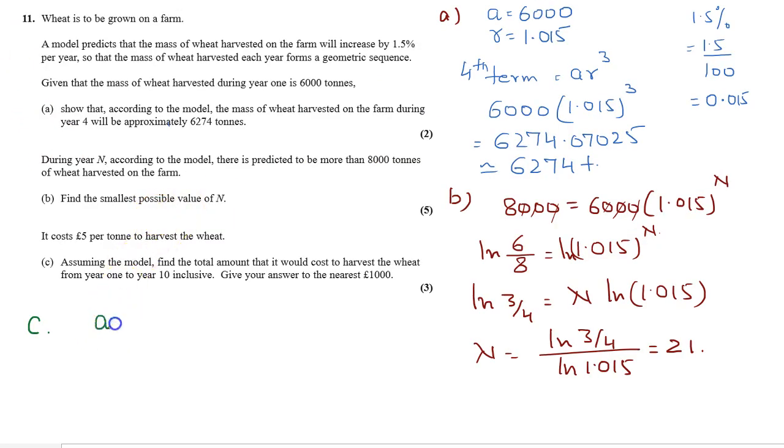So first term, the wheat is 6,000 tons and 5 pounds per ton we are paying. So total what we are paying is 30,000.